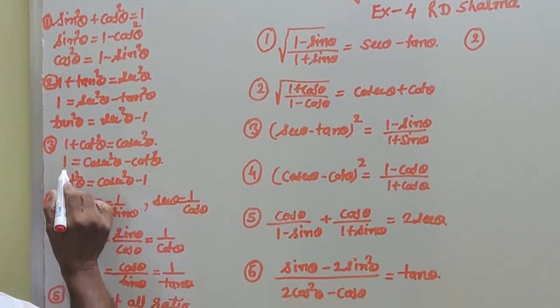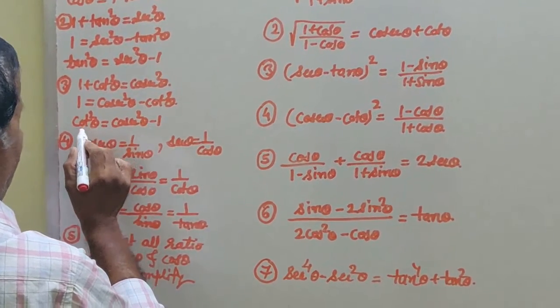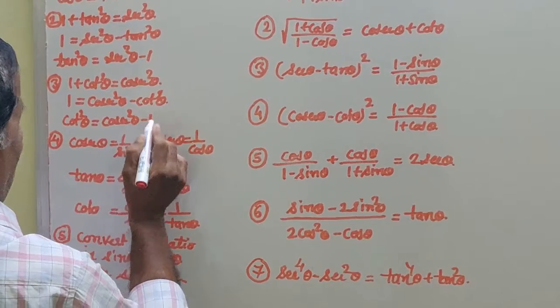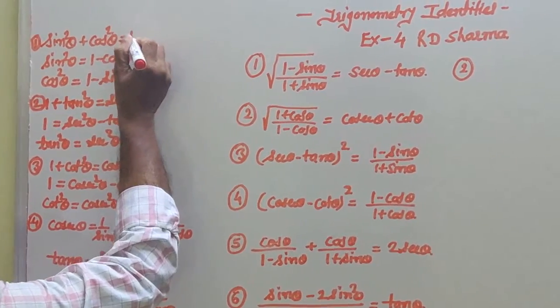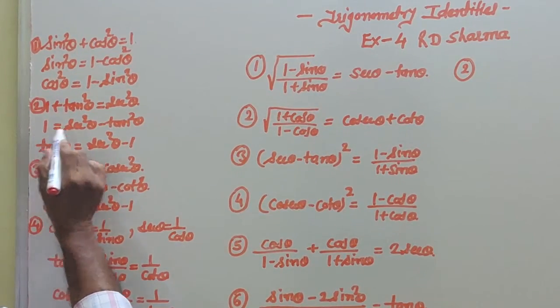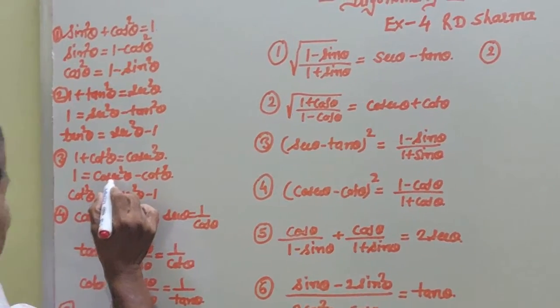From the third identity 1 can be written as cosec square theta minus cot square theta, and cot square theta is equal to cosec square theta minus 1. Now I am getting the value of 1 is equal to sin square theta plus cos square theta, 1 is equal to sec square theta minus tan square theta, 1 is equal to cosec square theta minus cot square theta.